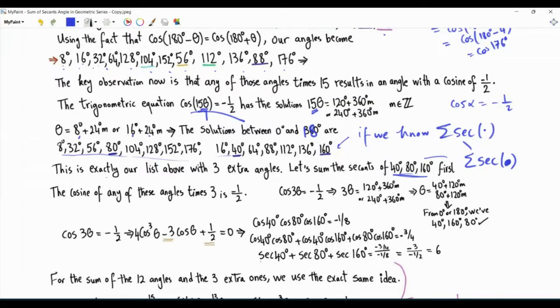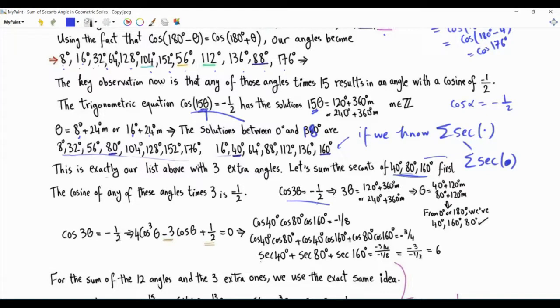If we divide by 3, then theta is in the form of 40 degrees plus 120 degrees times an integer, or 80 degrees plus 120 degrees times an integer. So what are the angles with this property?